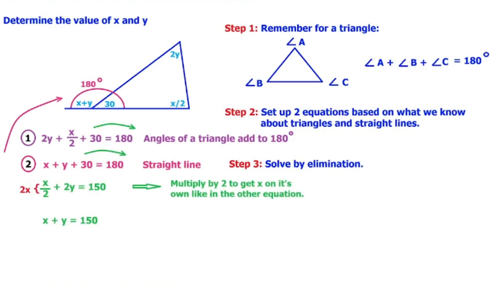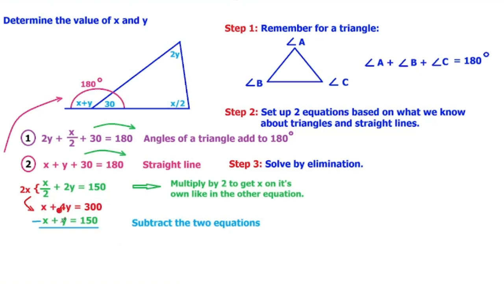Now for this one, we can multiply by 2 to get x on its own, like in the other equation. We want to be able to add or subtract these two so we could get rid of one variable. So when we multiply through by 2, this equation becomes x plus 4y equals 300.